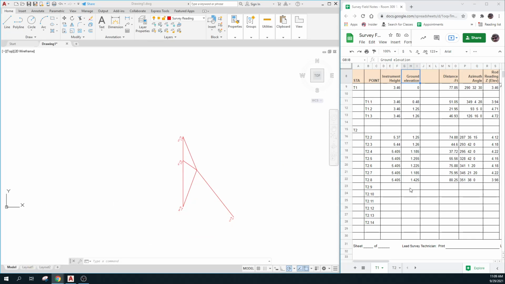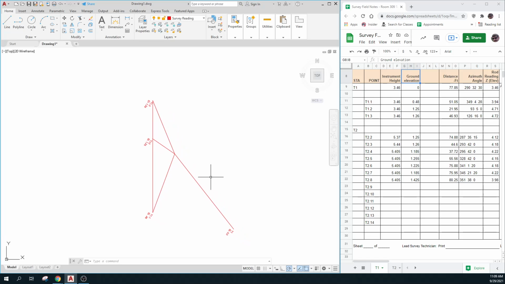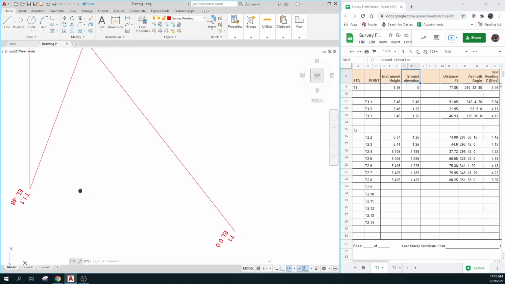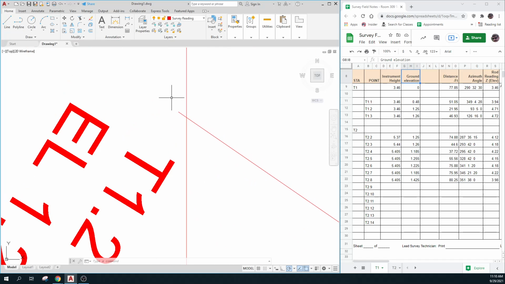So what you see here is the results from the field survey from week 5 that were posted by Leah, and it looks pretty good, right? I got all this stuff, and it looks pretty darn straight.